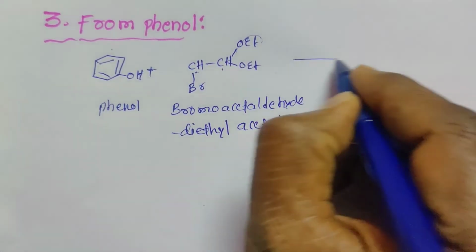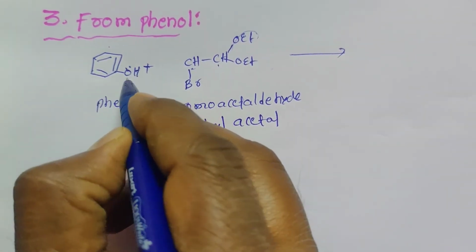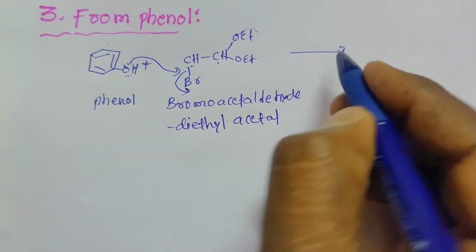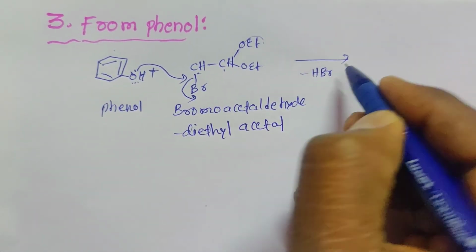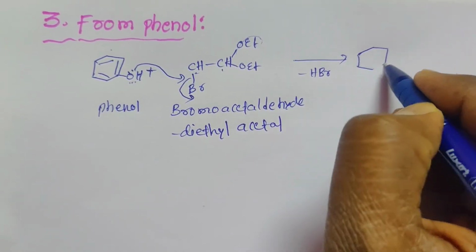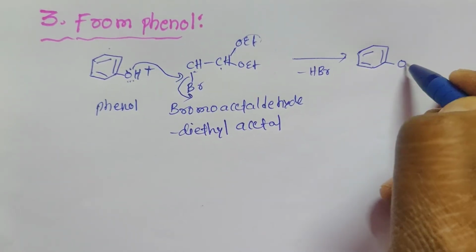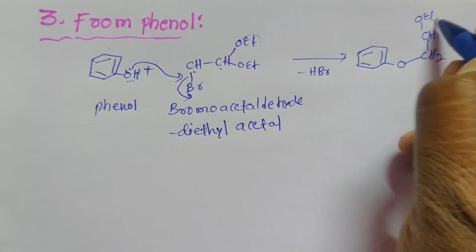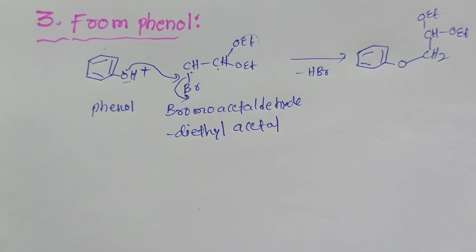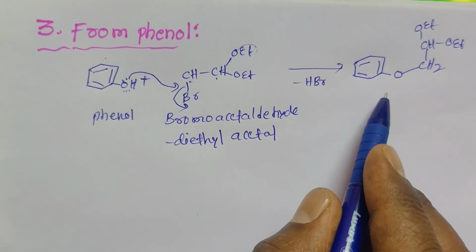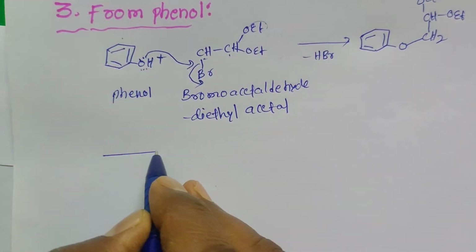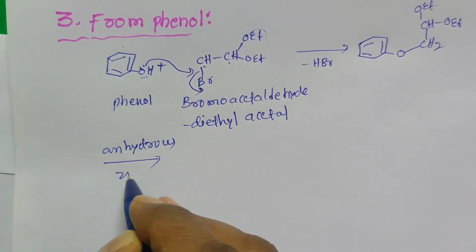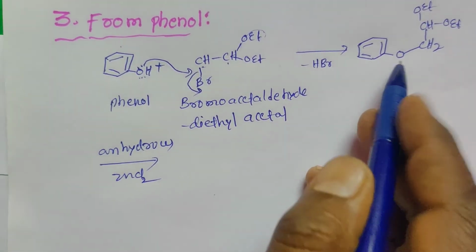So this phenol easily undergoes substitution with this one, and bromine and H go outside in the form of HBr, and as a result we get a substituted product like this, OEt, and here we are having one more ethoxy group. This substituted product, on treatment with anhydrous zinc chloride, first of all undergoes cyclization.